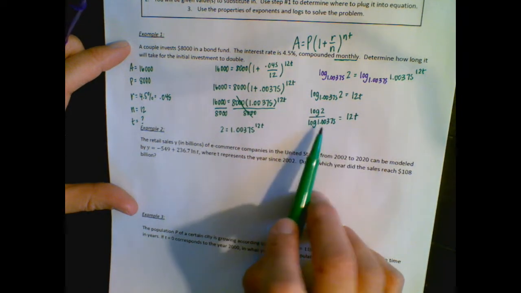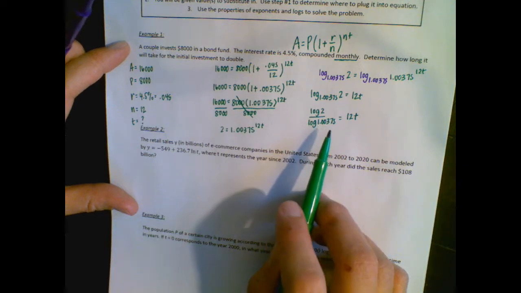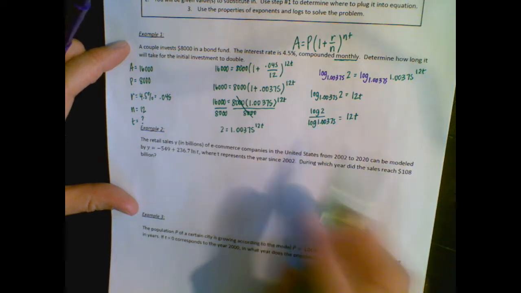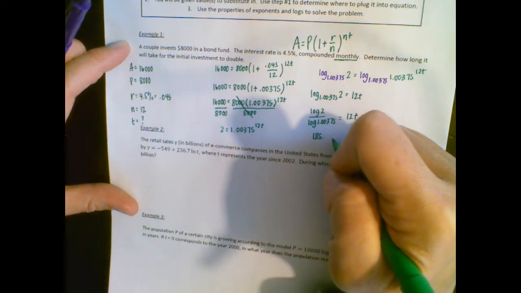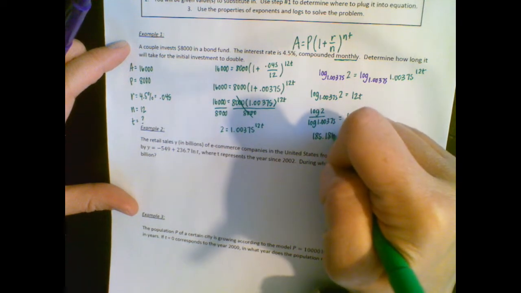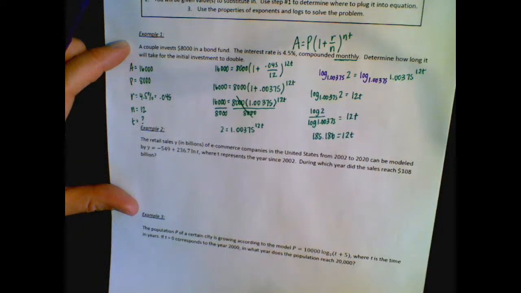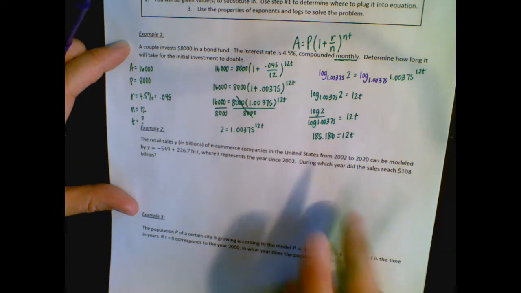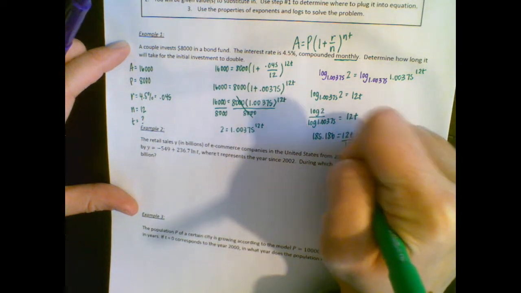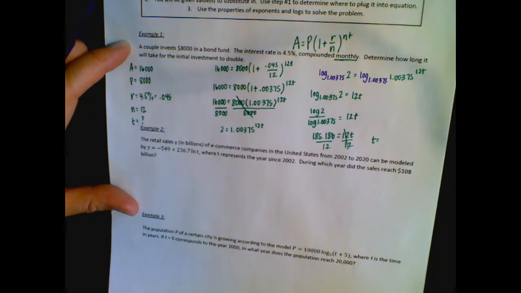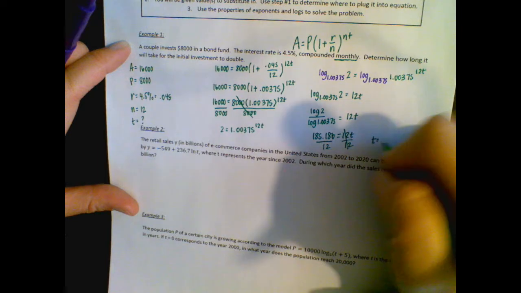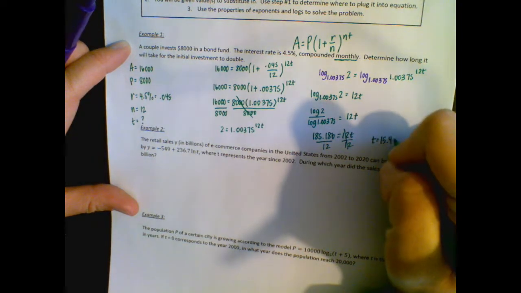I'm going to go ahead and use my calculator to calculate that, which is about 185.186 equal to 12t. And then all I have to do here is divide by 12 on either side. Divided by 12, divided by 12. That's going to tell me that my t, or my time, is about 15.4, and my units here are years.